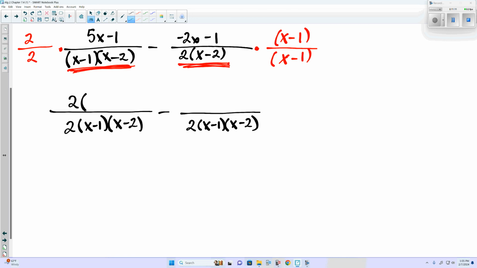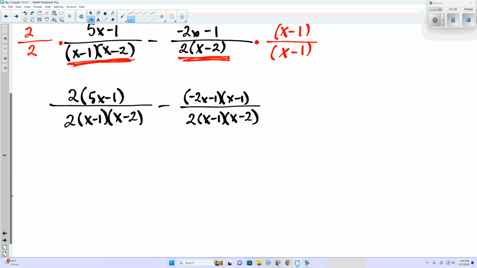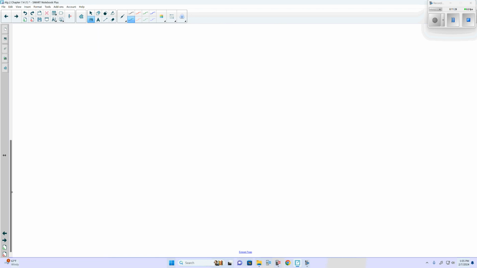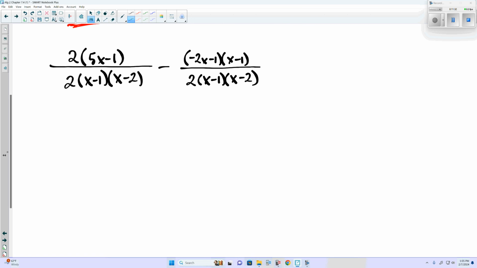We are going to be multiplying the 2 by our 5x minus 1, and our negative 2x minus 1 is going to be multiplied by our x minus 1. Questions on how we got to this point here?